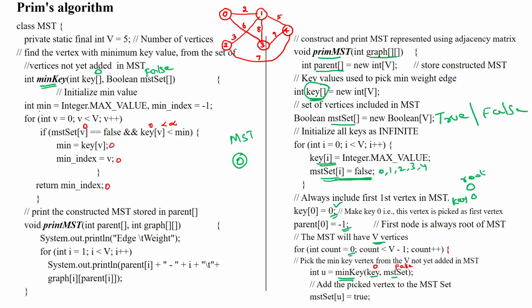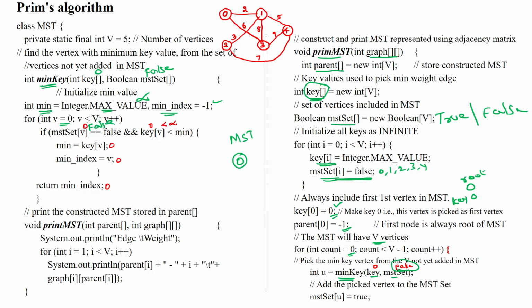Now we are setting the minimum value to infinity, and the minimum index is -1 as of now. Then for the first vertex to all the vertices we have to execute the for loop. If the MST set of V has the value false. So as of now the MST set of the 0th vertex we are passing here, that is false.